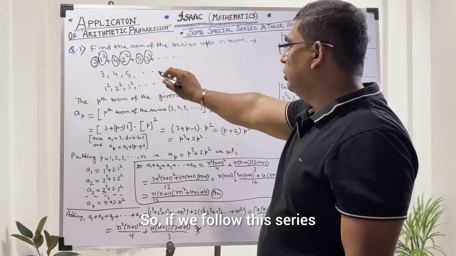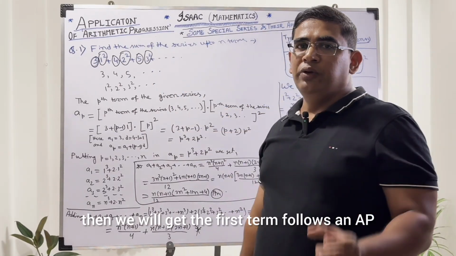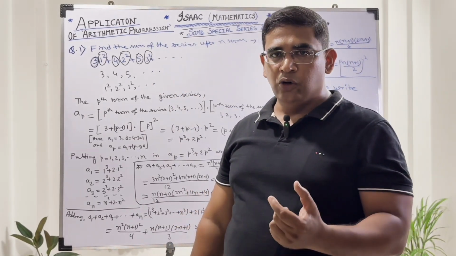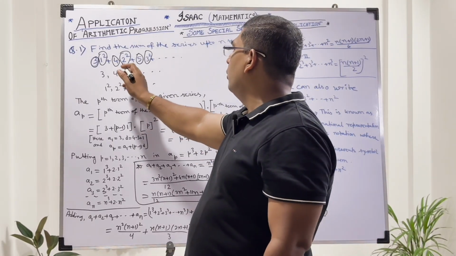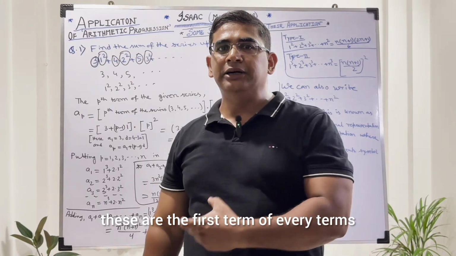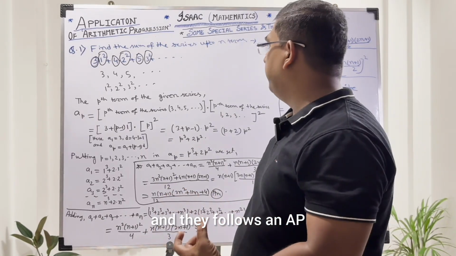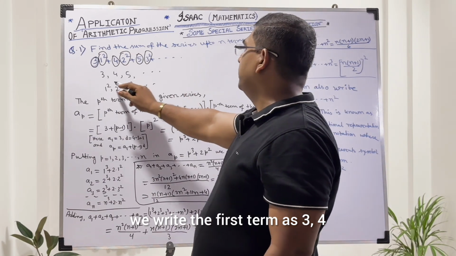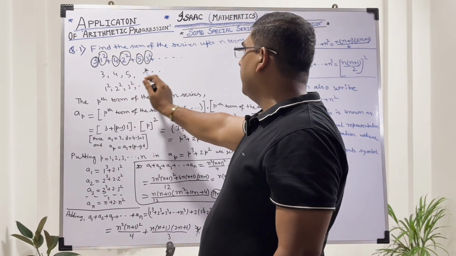So if we follow this series, then we will get the first terms follow an AP. That means 3, 4, 5. These are the first terms of every term and they follow an AP. That is why we write the first terms as 3, 4, 5 continuing.